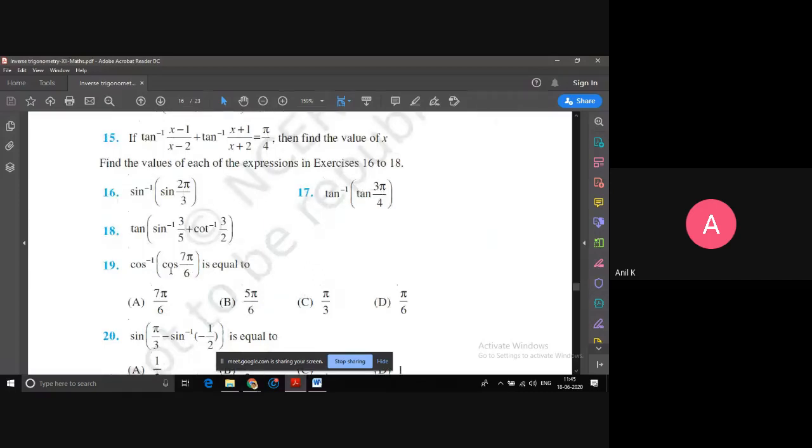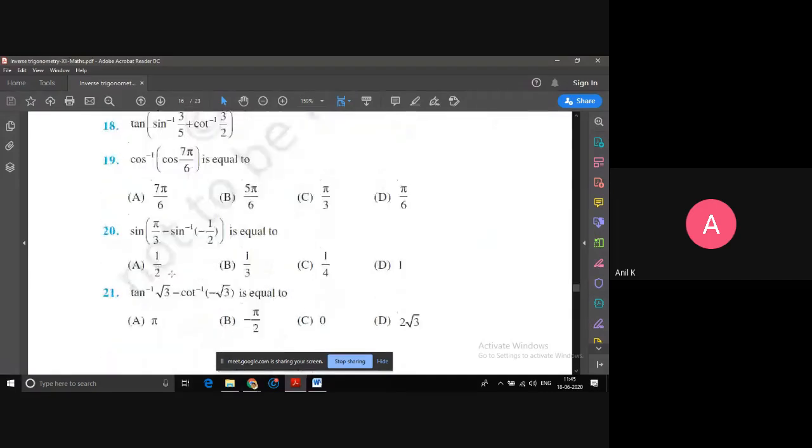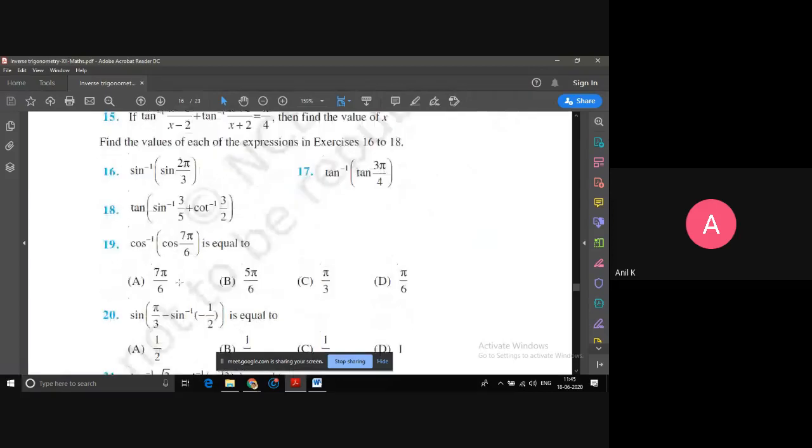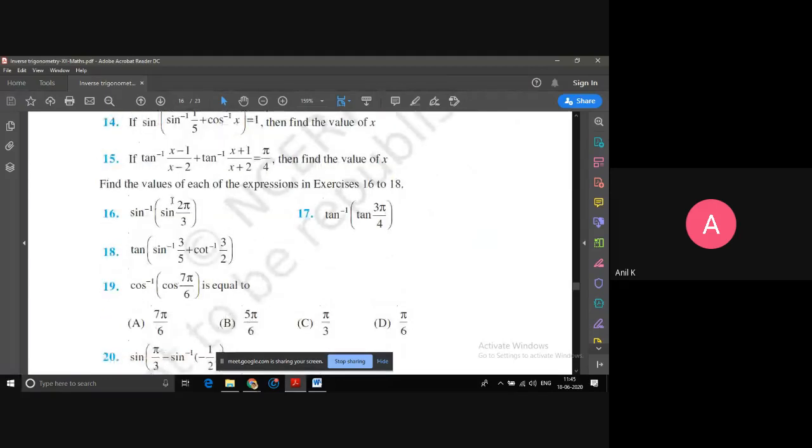Now, questions 16 to 20, I think you can solve easily, but there are a few things you have to remember. Like sine 2 pi by 3. 2 pi by 3 is 120 degrees, because pi is 180, 3 will get cancelled with 180, 60 times, 2 into 60 is 120.